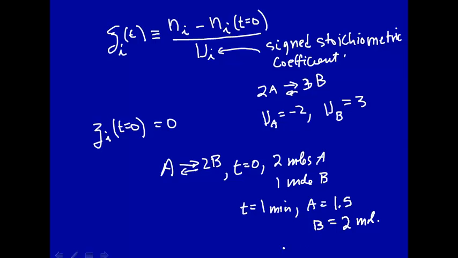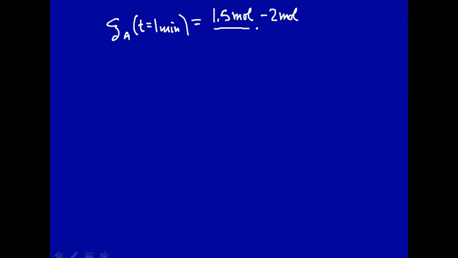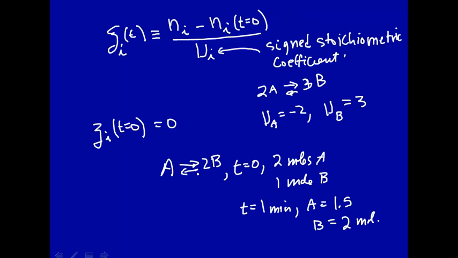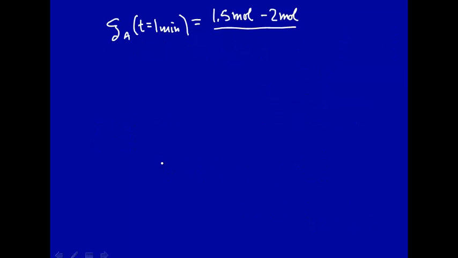All right, so let's look at the extent of the reaction at time equal 1 minute. The extent of the reaction for A at time equal 1 minute will be the number of moles of A at 1 minute, which is 1.5 mole, minus the number of moles we started with, which was 2 mole, divided by the signed stoichiometric coefficient. The signed stoichiometric coefficient is minus 1, minus because A is a reactant.